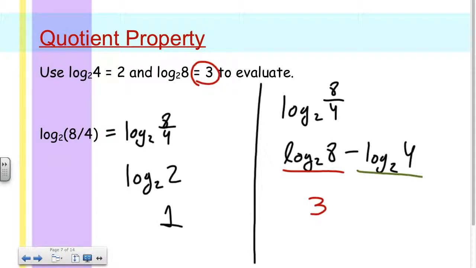Log base 2 of 4 is here, shown as 2. We have subtraction, so we should get the answer as 1. If you look here, our quotient property did actually work: the evaluation on the left gives the same answer as the expanded form on the right.